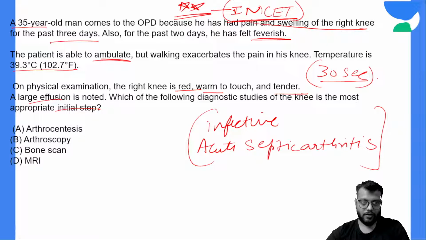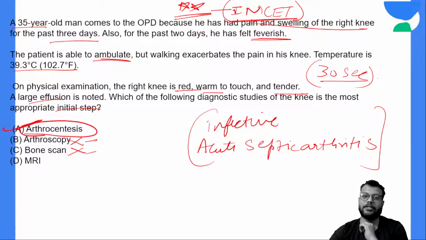You can go for the MRI and the arthrocentesis, but remember, initially you will go for the arthrocentesis. Now what is arthrocentesis? Arthrocentesis is nothing but taking a sample or aspirating pus from the arthritic joint or any area with the use of a needle.